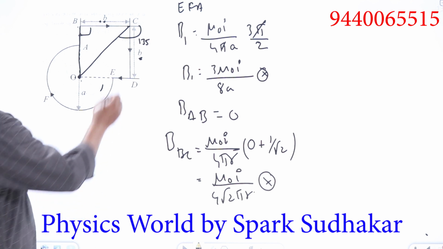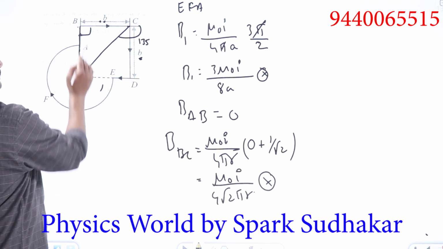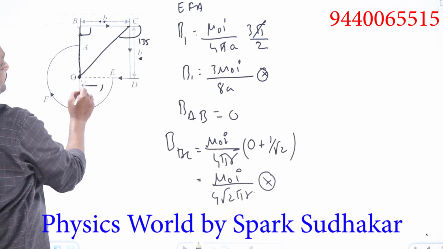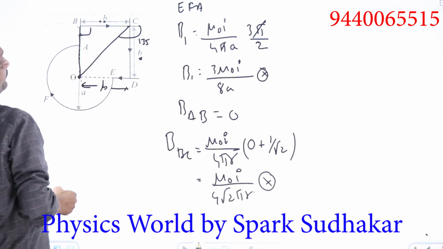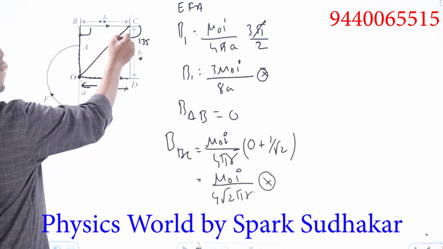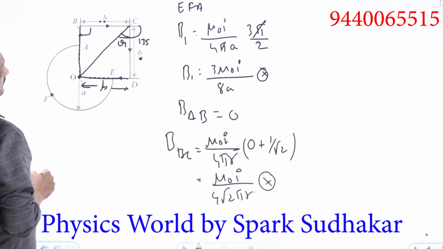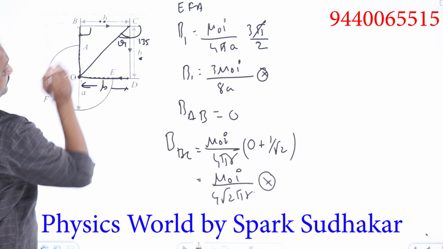Next, the field due to this segment CD. Again, this is also a straight wire, which is at a distance B from this point O. This distance is B. What is the angle made by this one? This is actually theta 1, because the current is coming like this. Theta 1 equals 45 degrees, and theta 2 equals 90 degrees.